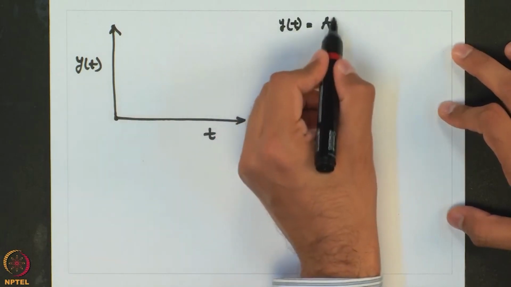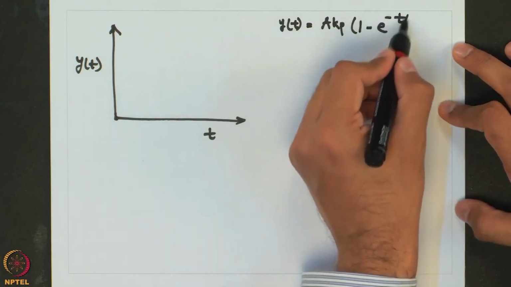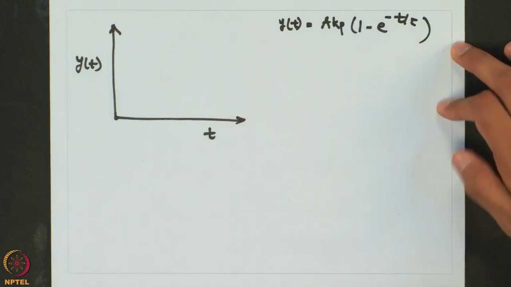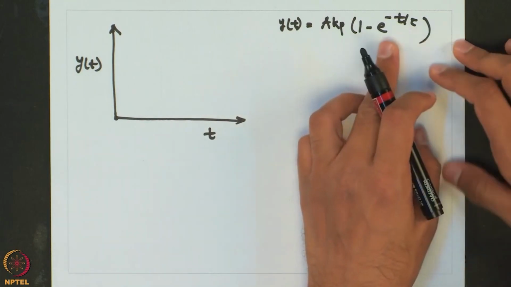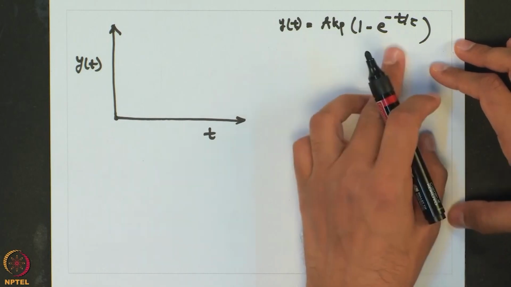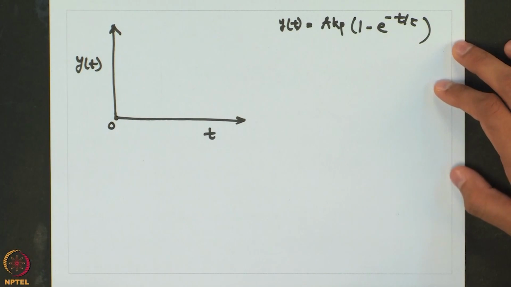Yt is equal to A Kp (1 minus e raised to minus t over tau). So, when t is equal to 0, we have e raised to minus t will be 1. So, we will have 1 minus 1. So, that is 0. So, the response will start at the origin.